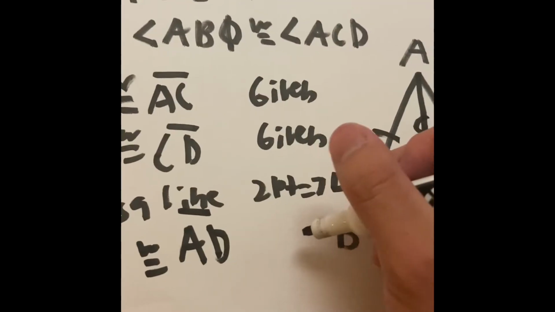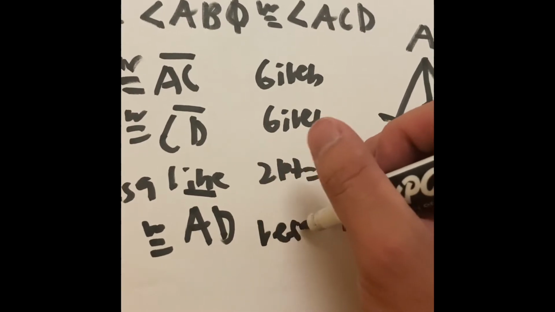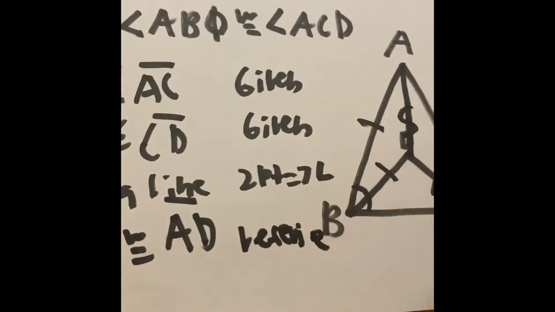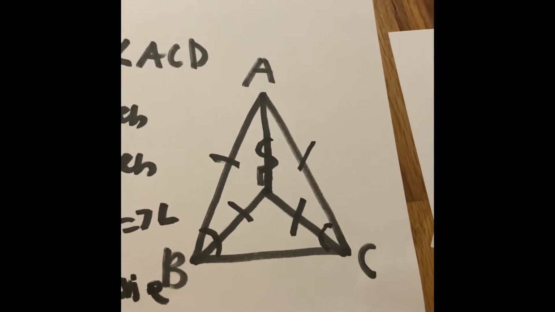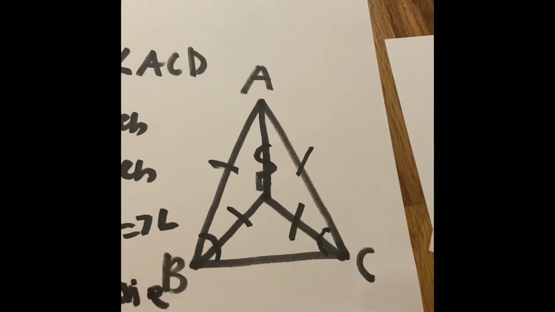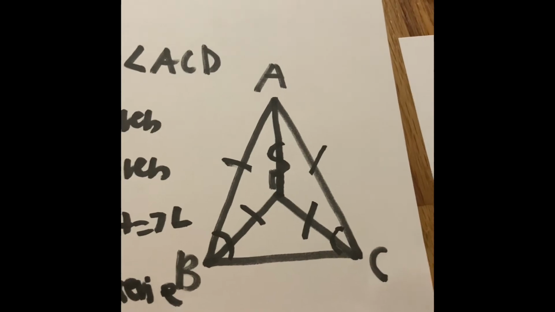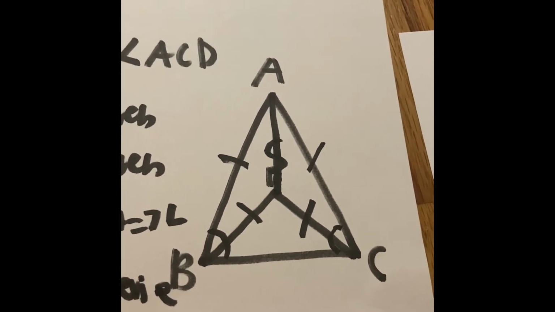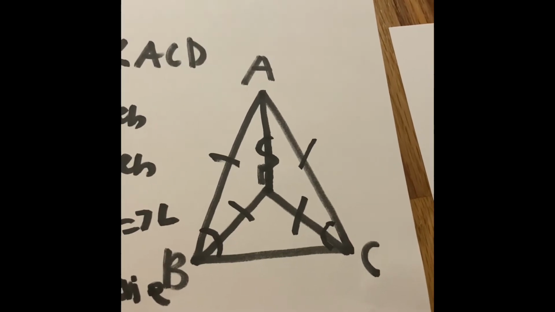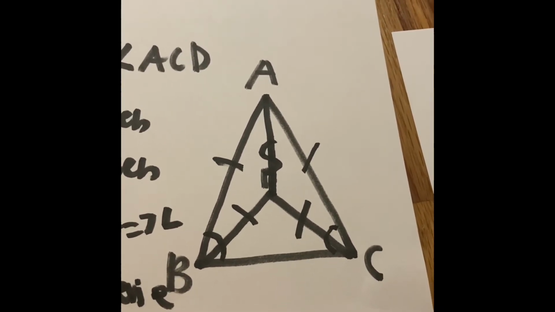The reason we can say that is the reflexive property. The line is really saying to the others that it can be itself, and it is the same thing as itself. So we have all the parts to make two triangles that are congruent.